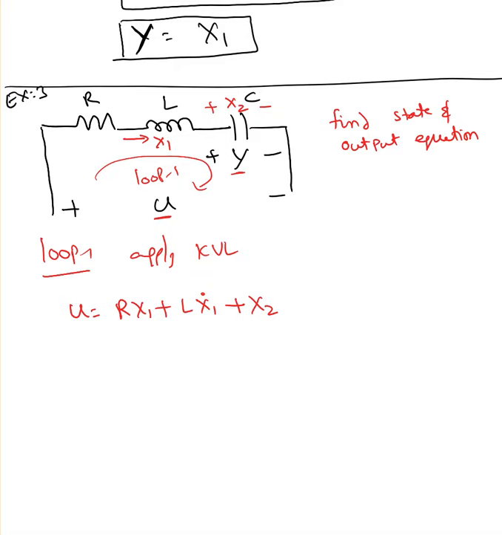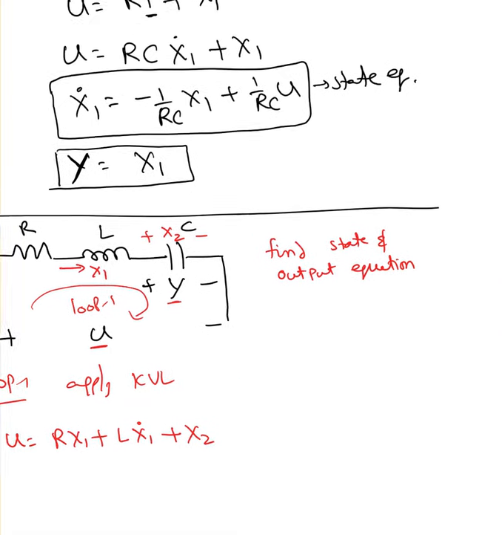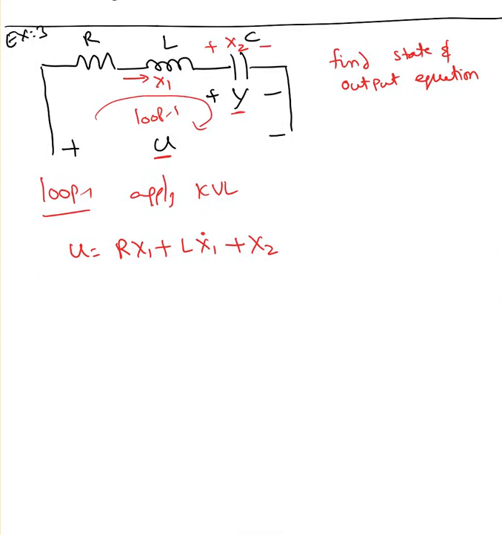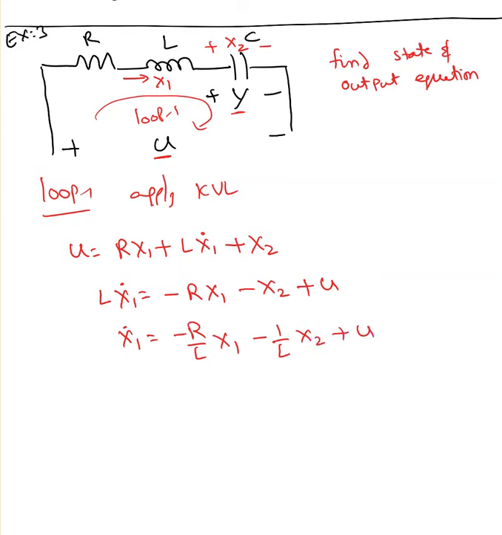Okay, so this is one of the state equations. Since we have two state variables, you will end up with two state equations. Let me simplify this. L times x1 dot equal to minus R x1 minus x2 plus U. So x1 dot equal to minus R over L x1 minus 1 over L x2 plus 1 over L U. This is one state equation.